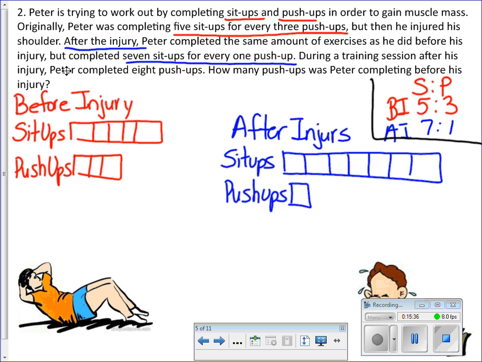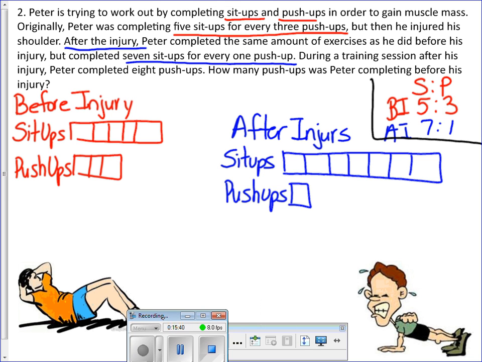This is why loose leaf paper is so much nicer. They give you lines, you can be a little more organized. Okay, any questions on where the ratios came from? Any questions on how I drew the ratios?